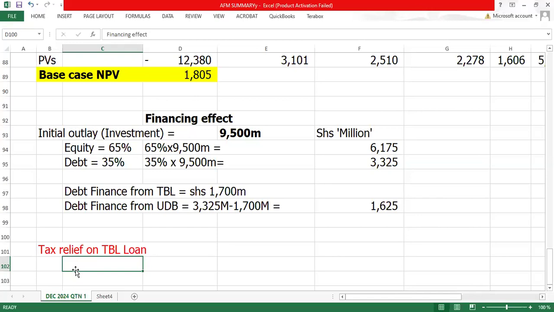So how do we get the relief? Shortcut in an exam can work. First of all, I can first give you the wrong approach. You need the interest you pay on this loan. How much do you pay as interest on this loan? What was the tax rate on this loan?